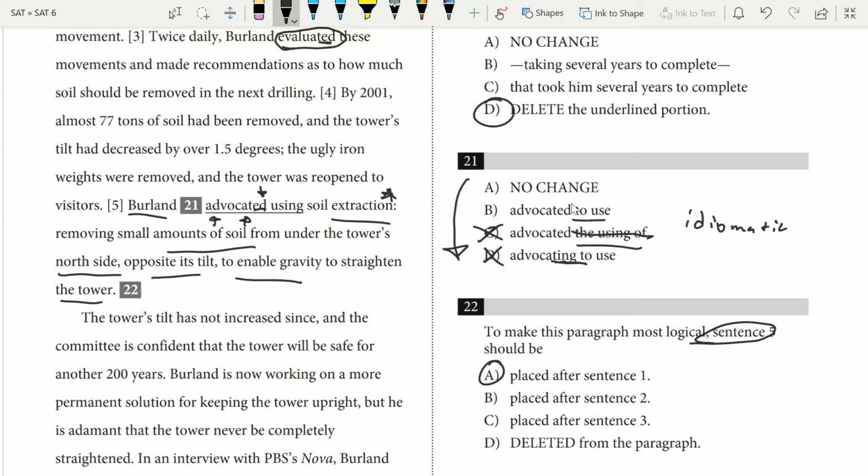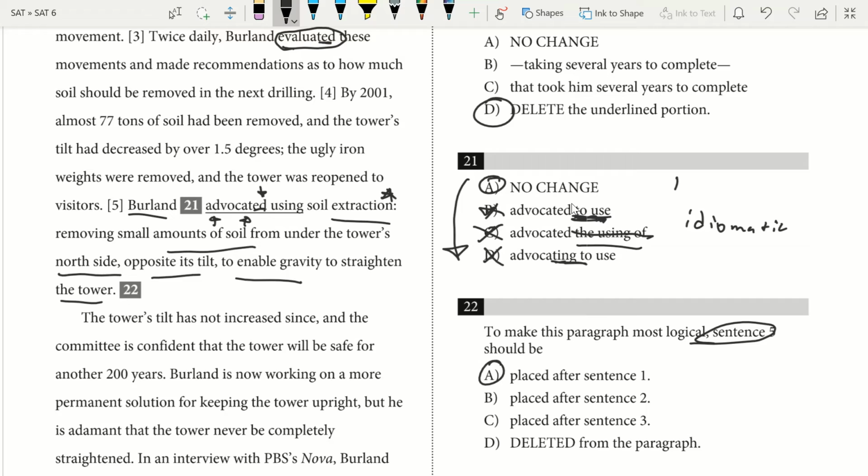If you can figure out what you'd say in a normal conversation or in an academic paper and fill in the blank, that's going to help you get to the right answer. So our answer here is A, because we have Berland advocated using soil extraction, not advocated to use. We don't need the infinitive form like that. So our answer there is going to be A.